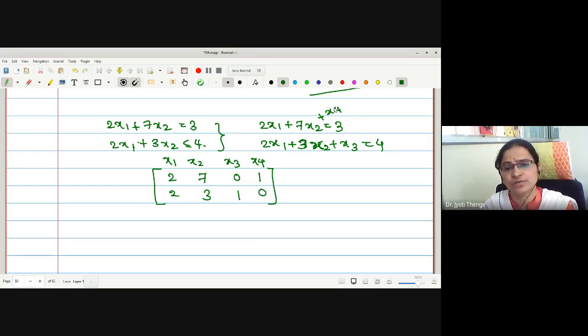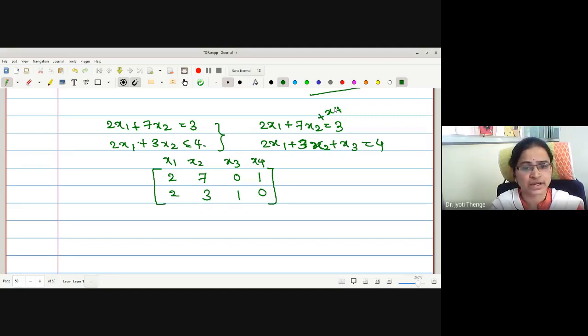Therefore, the conclusion we have made is that whenever we have a constraint in the form of equality or greater equal, we are unable to get the columns of the identity matrix in the coefficient matrix.